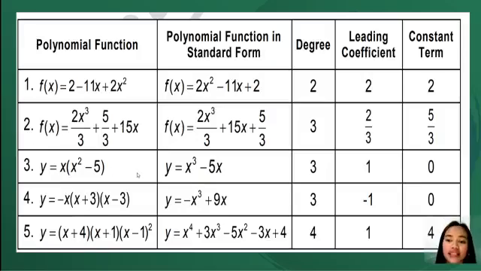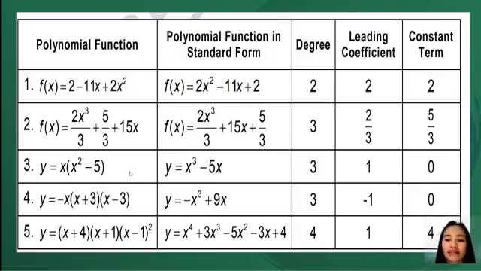Times x is a negative x cubed. Okay, next. 3 times x is 3x. X times negative 3 is negative 3x. 3x minus 3x is 0.